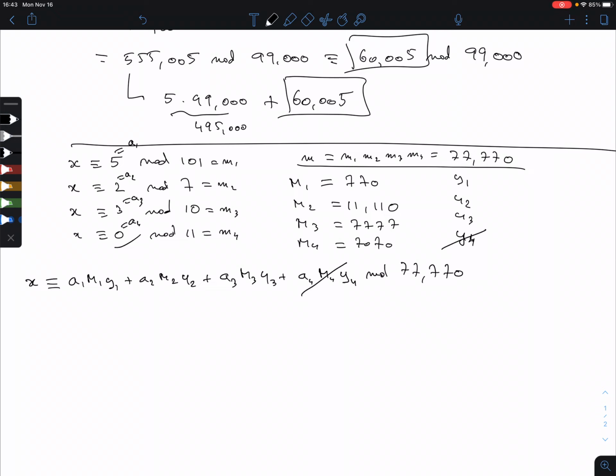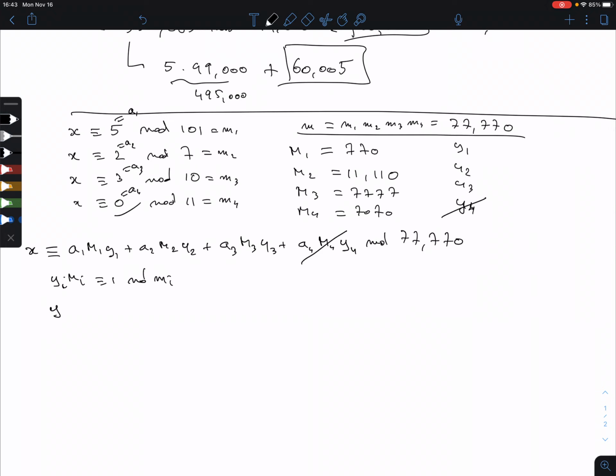So I have to calculate yi times Mi is equivalent to 1 mod little mi. Just reminding myself what I have to do. So for y1, it's y1 times 770 is equivalent to 1 modulo 101. Now, although these big M's are very big numbers, our moduli are very small, so we can immediately reduce this seemingly big number.